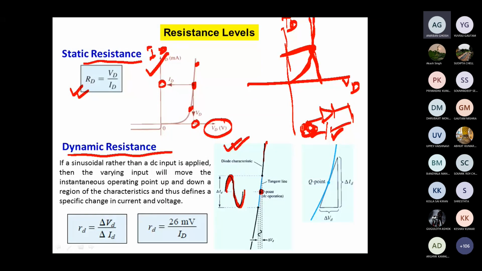Here, this is your AC signal and this is your DC voltage. Then the current will change with respect to the point. For this voltage the current will be here, for this voltage minimum, so there is a change delta ID with respect to delta VD, because you are changing the voltage.